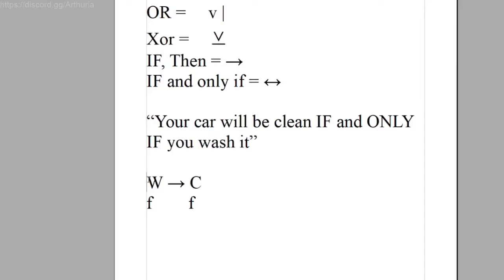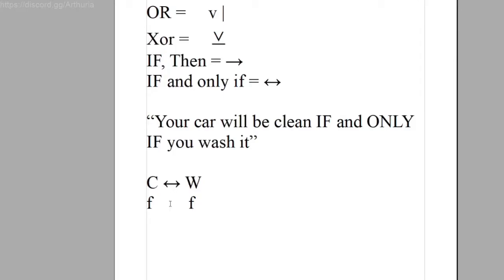So here we have to flip the letters, unfortunately, but it doesn't really matter for this one. Here we're saying, hey, your car will be clean if and only if you wash it. So in this instance, you didn't clean your car. It's false that your car is clean, and it's false that you washed it, right?